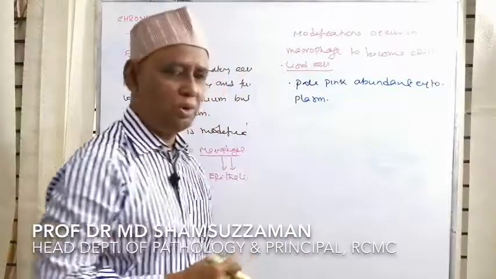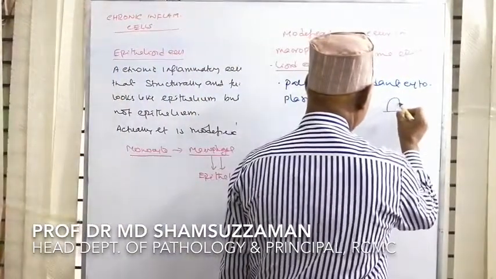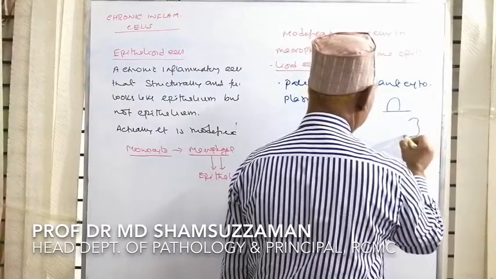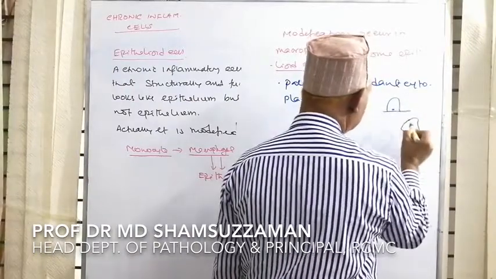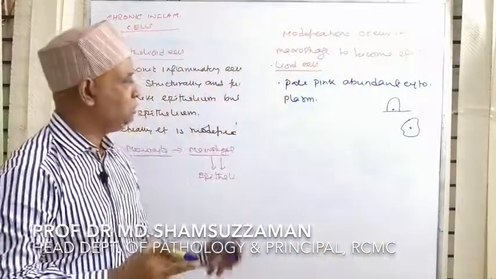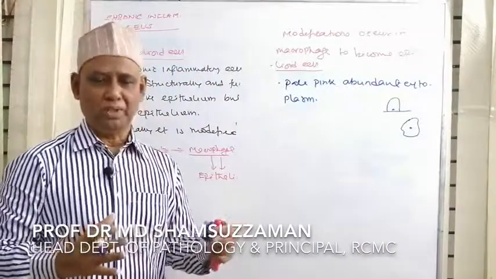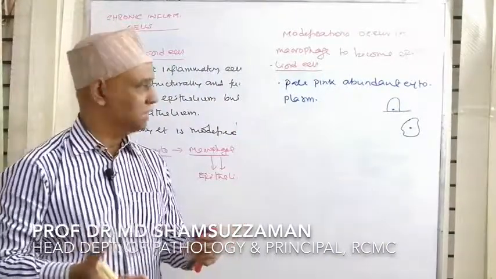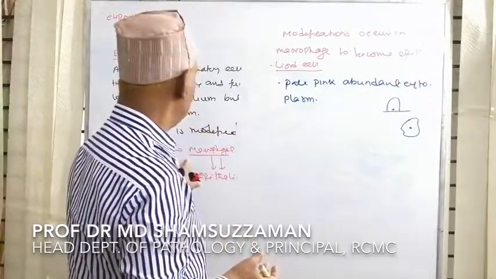Dear audience, you know, if this is the columnar epithelium, if this is the squamous epithelium, the nucleus is smaller than cytoplasm. In epithelium, the cytoplasmic volume is more than the volume of the nucleus. So in macrophage, what happens?